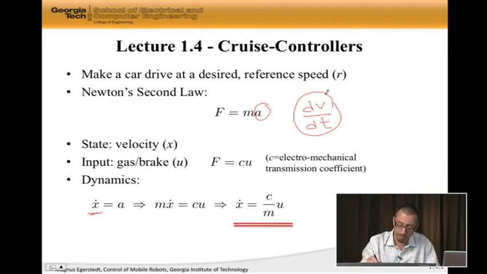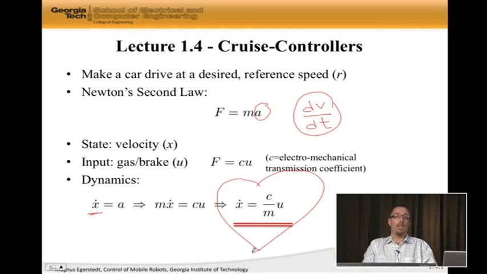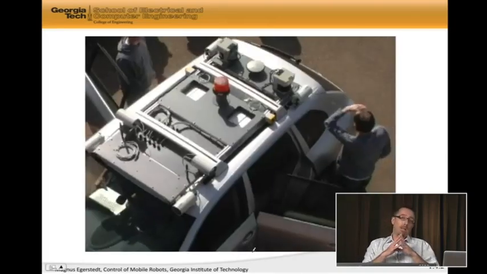This little sweetheart equation describes how my input maps onto the state of the system. It's a differential equation, but it tells us how my choice of input affects the system. This is in fact a rather good model, and I want to show a little video.